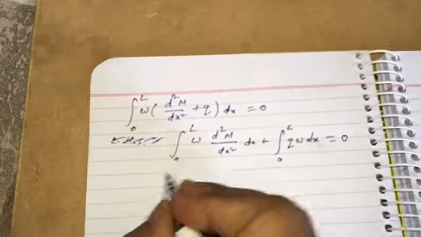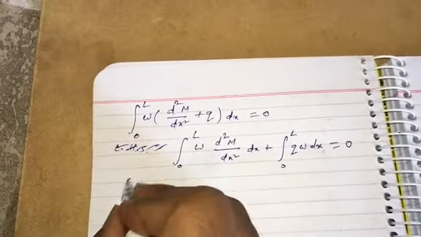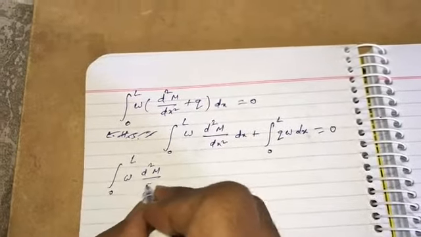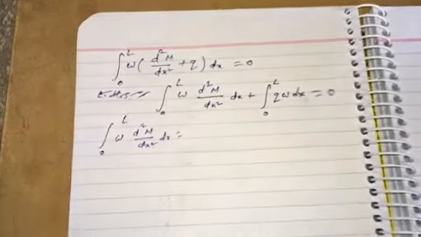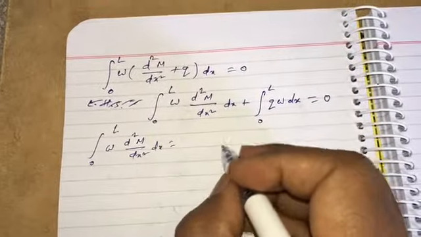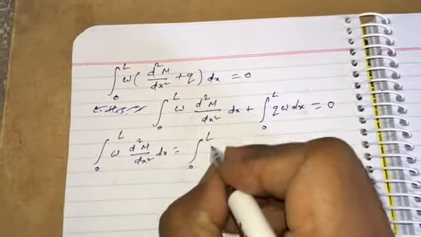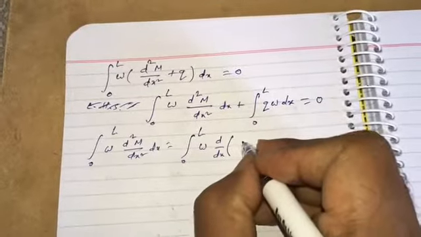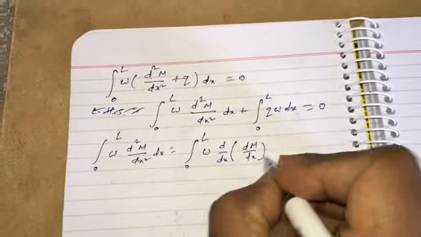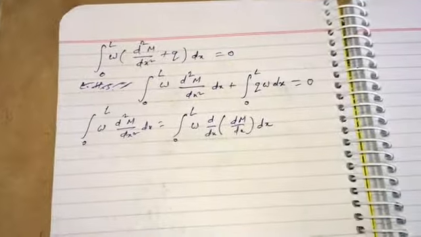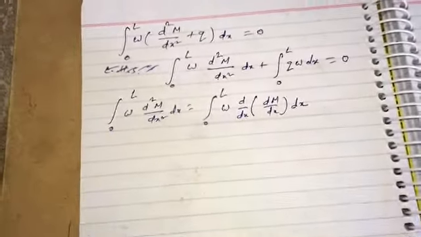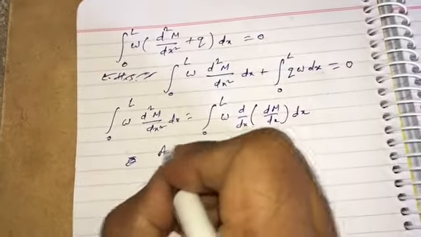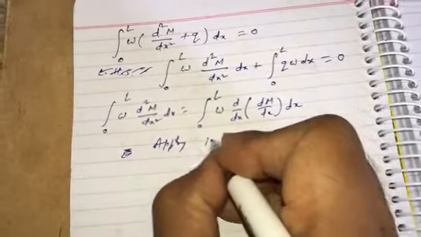Now we take one of these, the integral from 0 to L of w d squared M over dx squared dx, equal to the integral from 0 to L of w d over dx of dM over dx dx. Now we apply integration by parts.